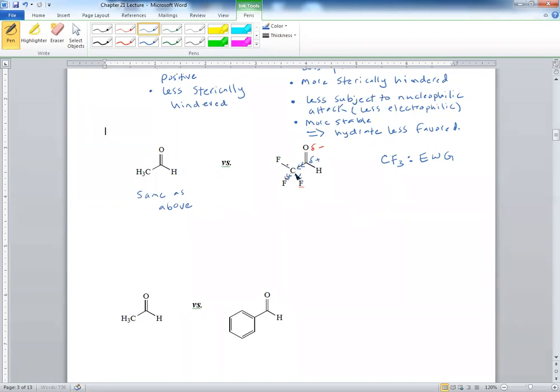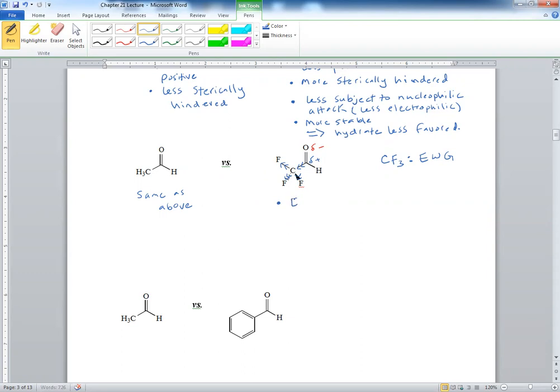So that's an inductive effect, just like with the electron donating group. So what do you think? If this is already positive and you're taking away electron density from it, it's going to become more positive. So that's not good for its stability.